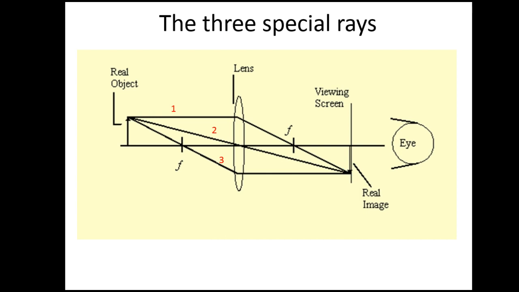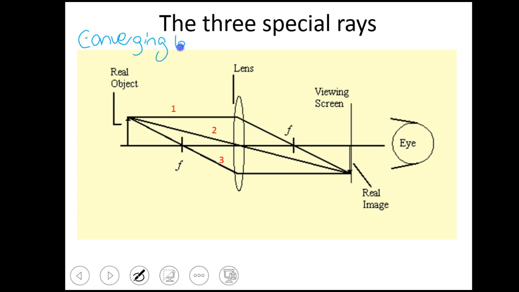Right, and so this first example of the 3 special rays is going to be for a converging lens, C-O-N-V, lens, with object beyond the focal point.